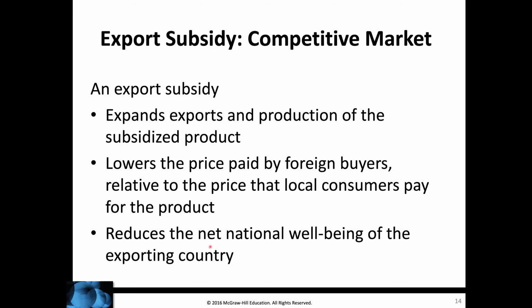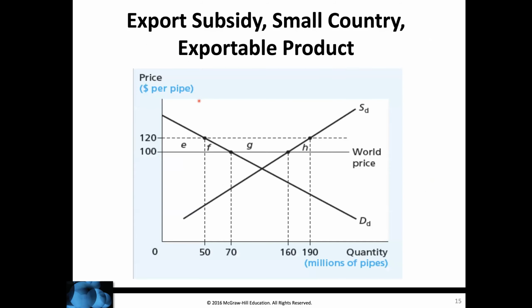Also, it reduces the net national well-being of the exporting country. So this should be something that policymakers and legislation should take into account. What is the net national well-being? Often these types of subsidies are just meant to help specific industries and or companies.